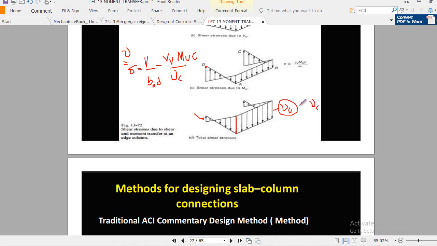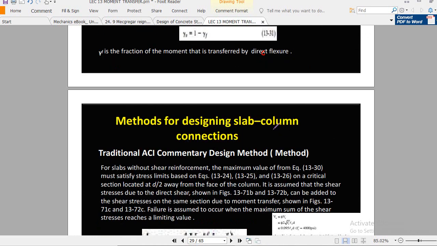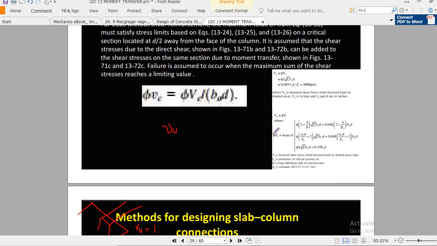If this one is more than this value, then the design is okay. There will be no punching shear failure. If it is less than, then you have to design for this moment, for this extra shear. You have to provide shear reinforcement, or any other arrangement, as we discussed in lecture number 11 to lecture number 13.